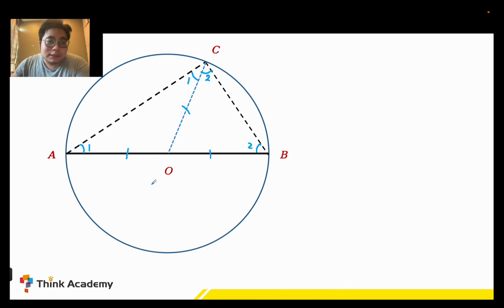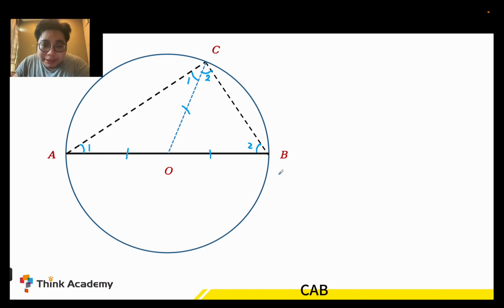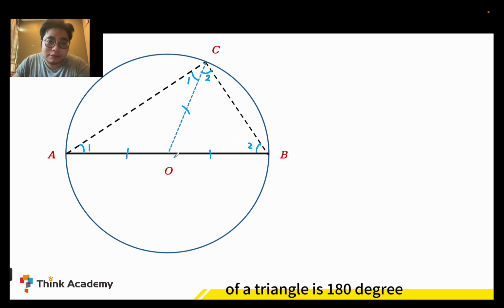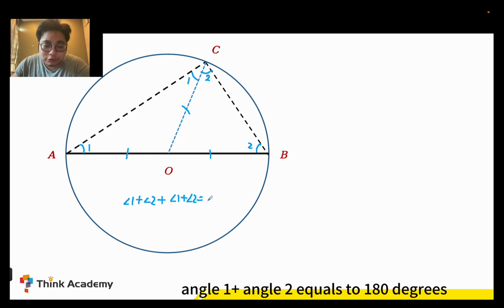Let's have a look. We know angle 1 plus angle 1 plus angle 2 plus angle 2 in triangle CAB. We know the interior angle sum of a triangle is 180 degrees, which means angle 1 plus angle 2 plus angle 1 plus angle 2 equals 180 degrees.